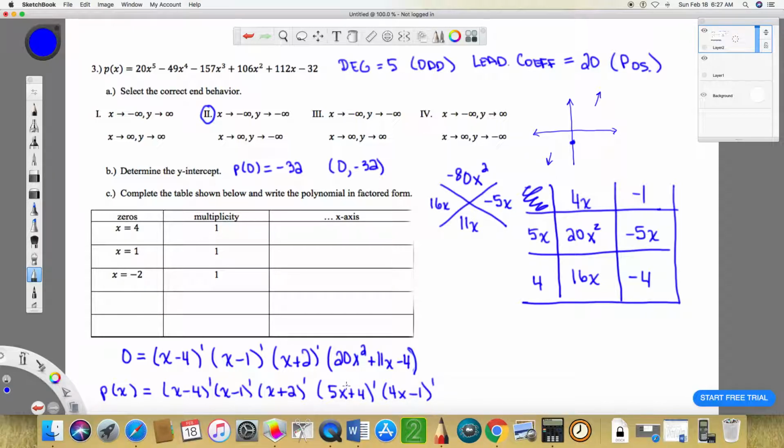So if you set 5x plus 4 equal to 0 and solve, you'll subtract 4 and divide by 5. And if you set 4x minus 1 equal to 0, you'll add 1 and divide by 4 to solve that. So all of these, since they all have a multiplicity of 1, and that's an odd number, it's crossing. We don't have any touch and turns.